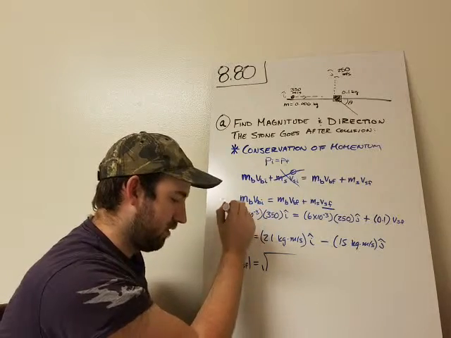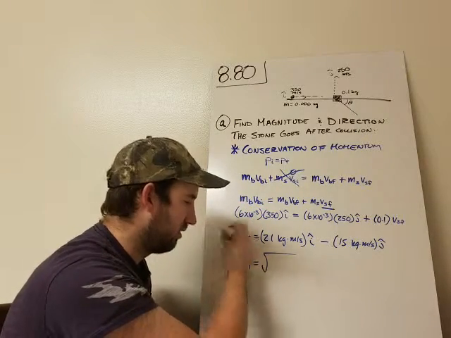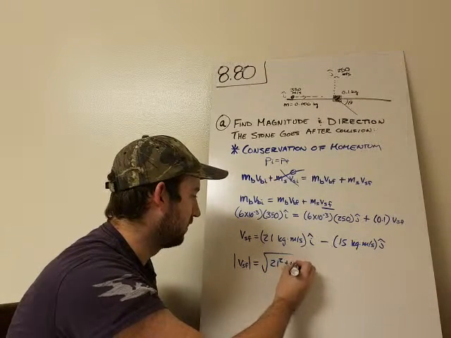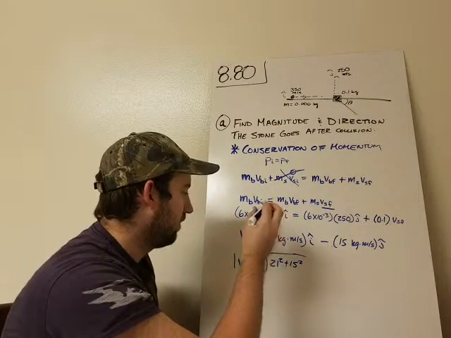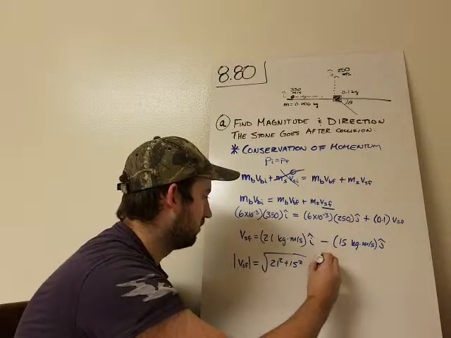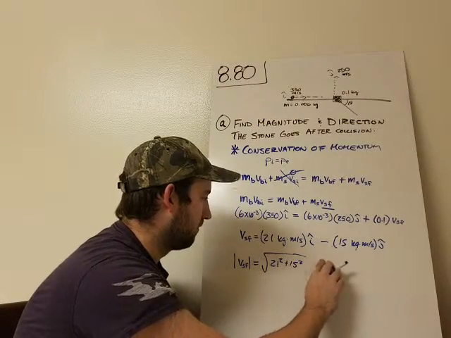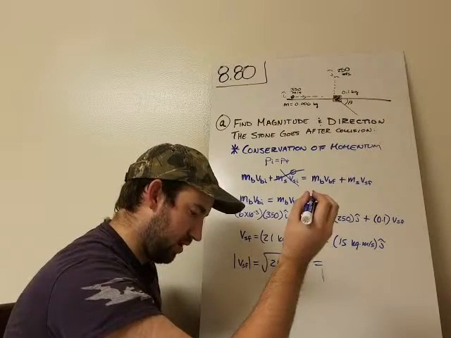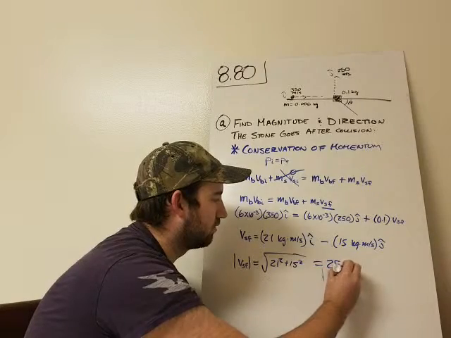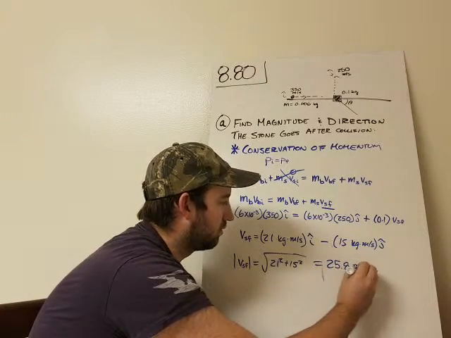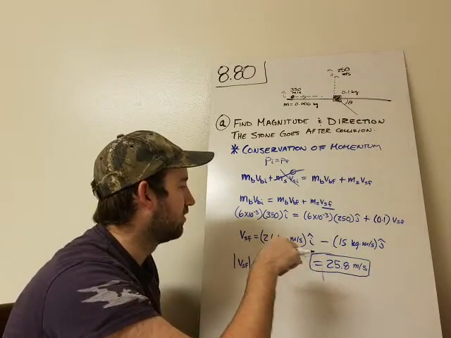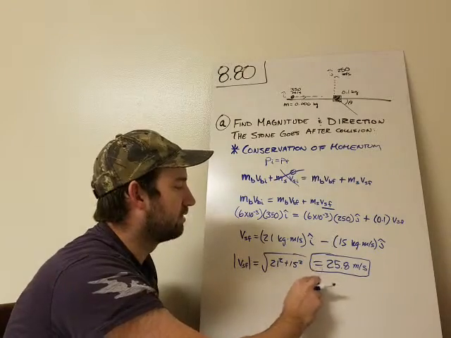So we end up with 21 squared plus 15 squared, and when we do that, the magnitude equals 25.8 meters per second. So that's the magnitude of the stone after it collides with this bullet.